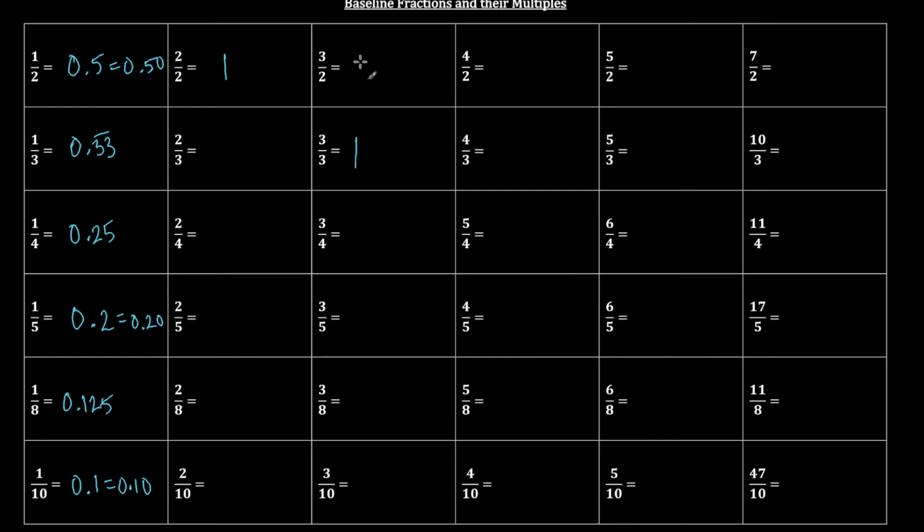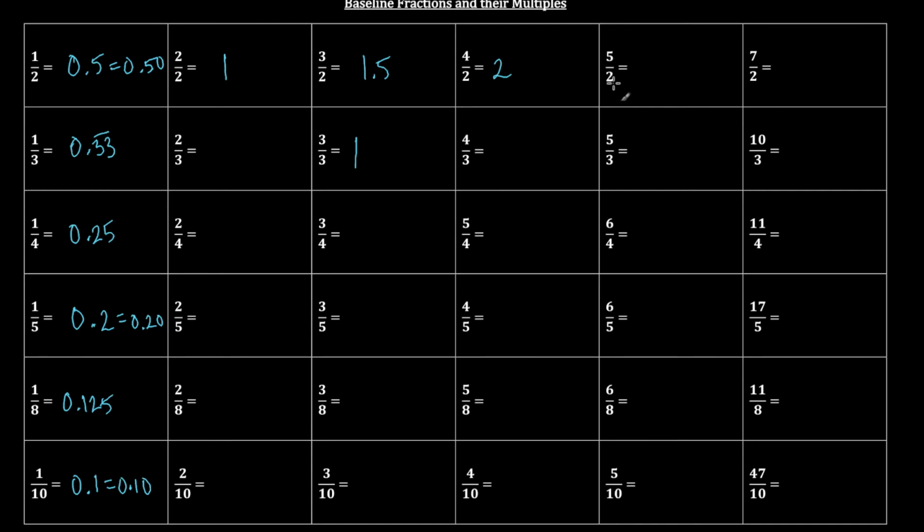So 3/2. So 3 times 0.5 if you prefer. So 0.5, 1, 1.5. Oh, 4/2. That's easy too. So we just get 2 wholes, because we get 0.5 and so on and so forth.